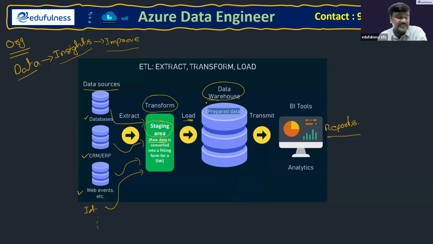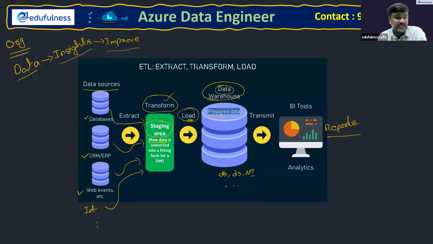That's why a warehouse is where you keep the data in a proper manner. Using transformation, you load well prepared data into the data warehouse, and this warehouse might be a database, data store, API endpoint, or whatever.